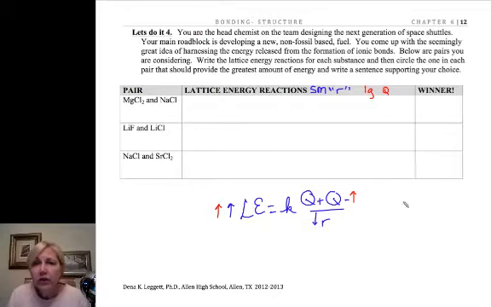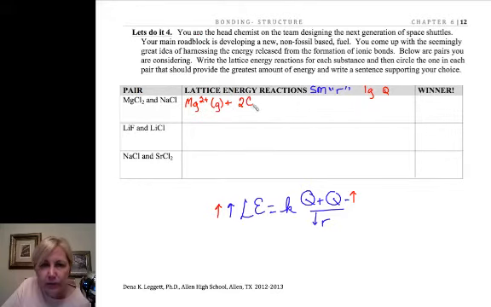Let's start with our lattice energy reactions. A lattice energy reaction is the reaction of the gaseous ions. Very, very important: when we study energies involved in reactions, the state of the substances is a very important consideration. A reaction from aqueous ions is very different than a reaction from the gaseous ions to make the solid.